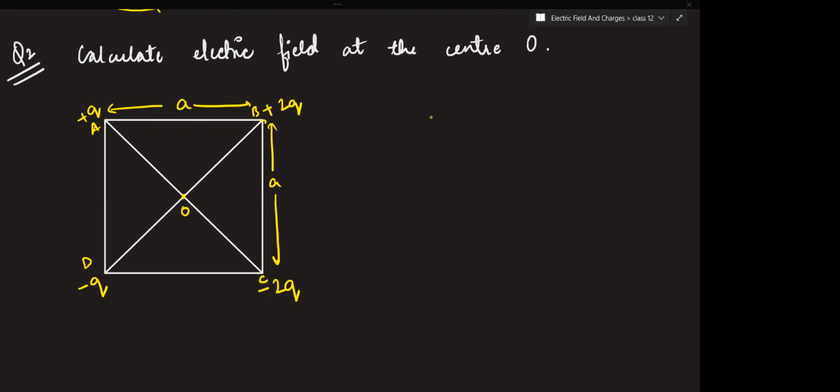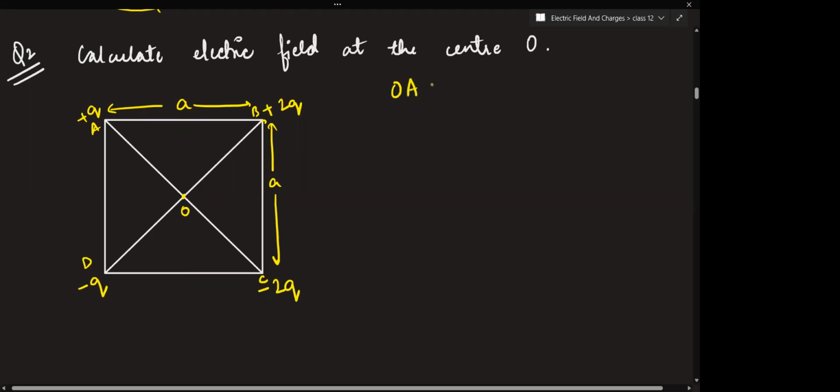Just first calculate what is this separation. OA, OB, OC, all these are equal to what?